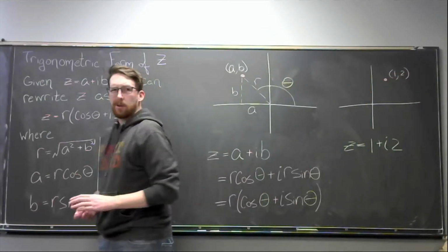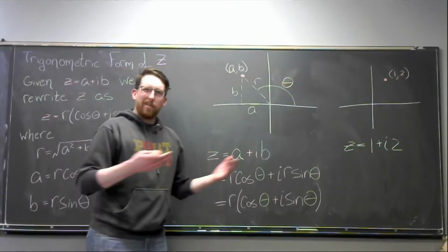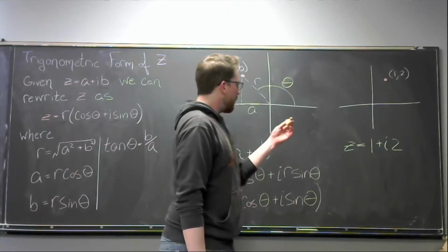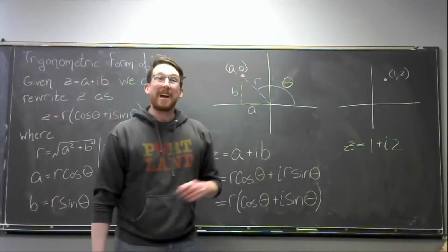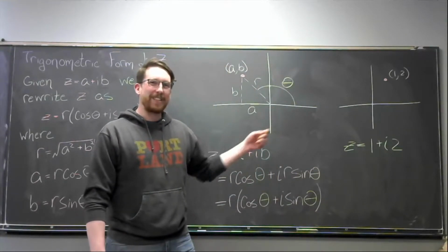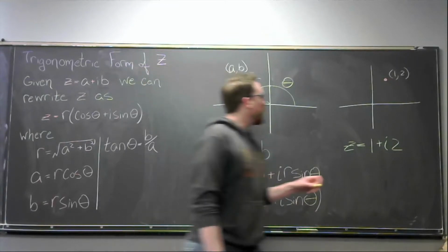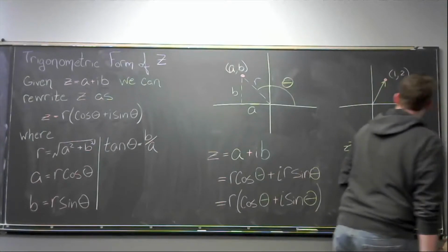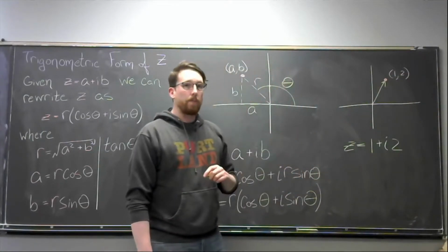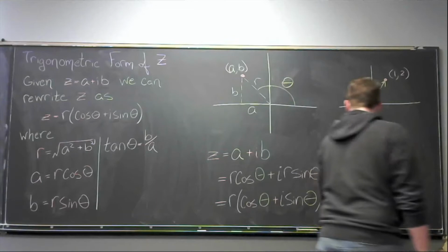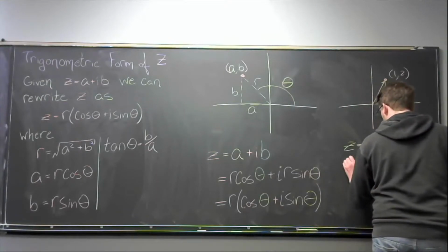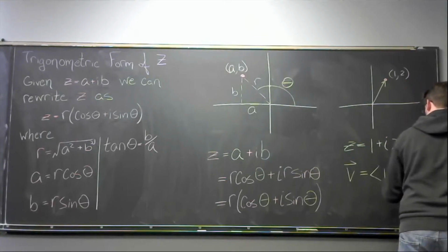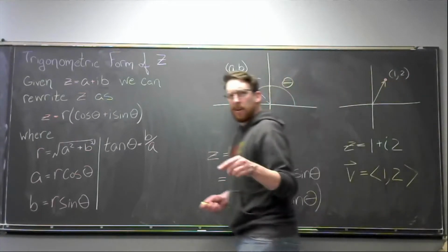Like I said, we can think about these in a similar way to vectors. We can imagine this being the vector right here. That vector would be (1, 2).